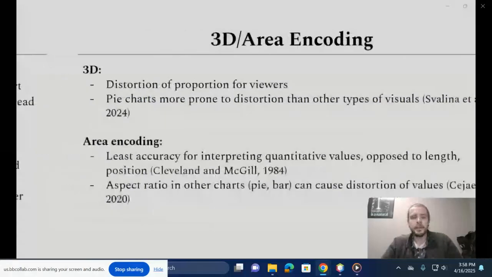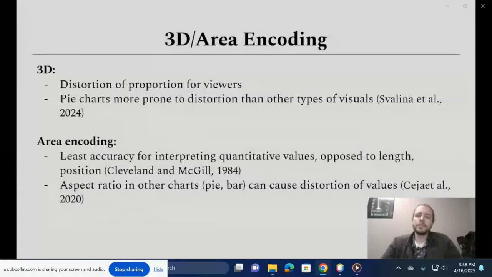3D encoding distorts perception. This is most applicable to pie charts, but if we also messed with area encoding, 3D distorts the area encoding, which also has the least accuracy for interpreting quantitative values.